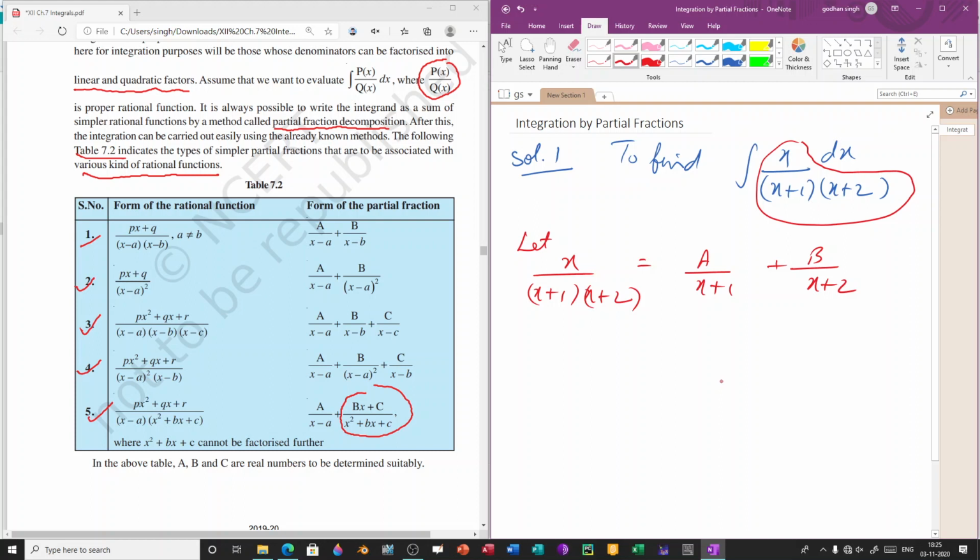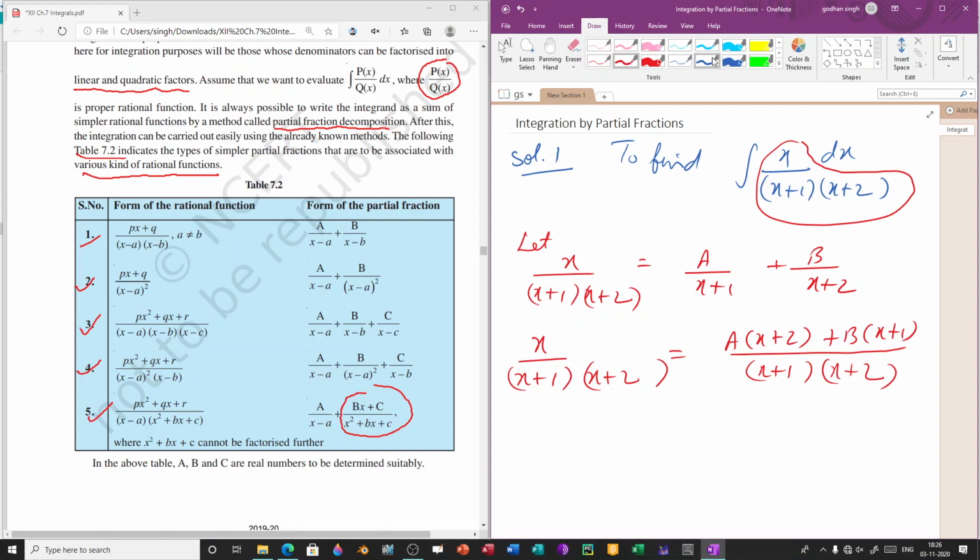So now we will solve this further so that we can get the values of capital A and capital B. We will keep the left hand side as it is, x over (x plus 1) into (x plus 2) equal to, here we can cross multiply and we will get A into (x plus 2) plus B into (x plus 1) over (x plus 1) into (x plus 2).